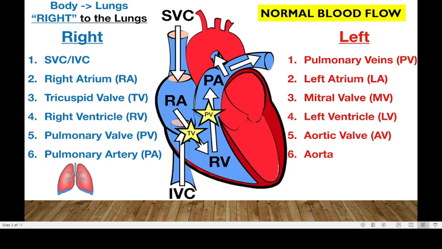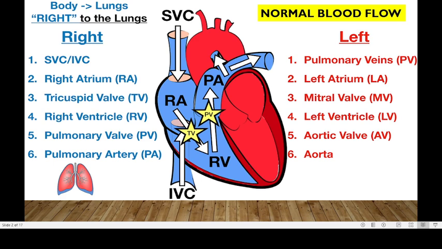Similar to the tricuspid valve, the mitral valve prevents the backflow of blood into the atrium from the ventricle when the ventricle contracts. When the left ventricle contracts, it pumps oxygenated blood through the aortic valve and into the aorta, which is the body's major artery. The aortic valve ensures that blood flows from the left ventricle into the aorta and prevents any backflow into the heart.